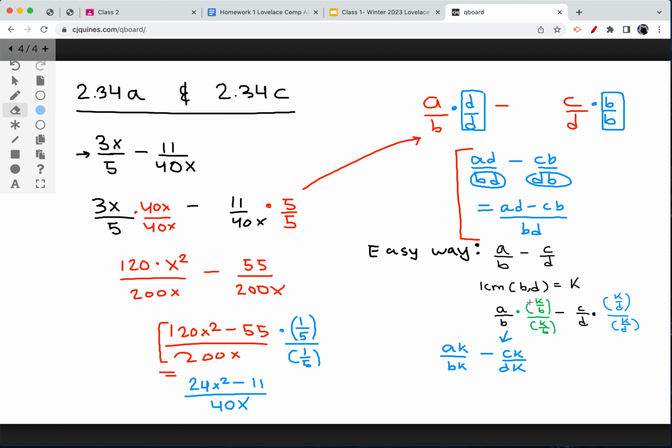Actually here you should have just multiplied by K on the top and bottom.